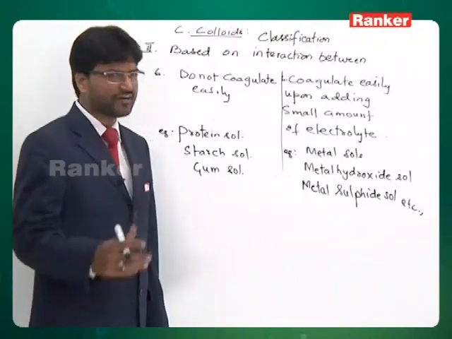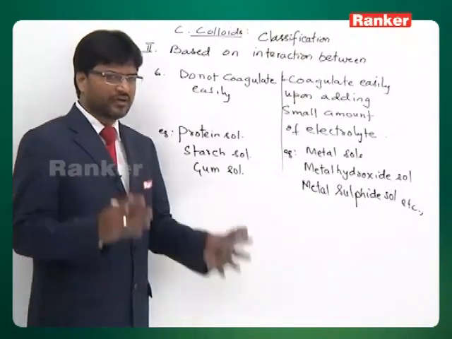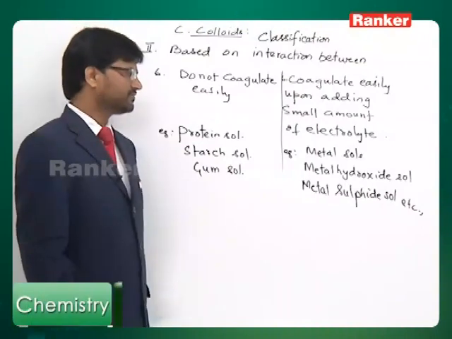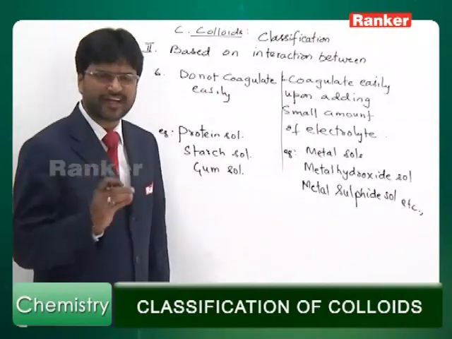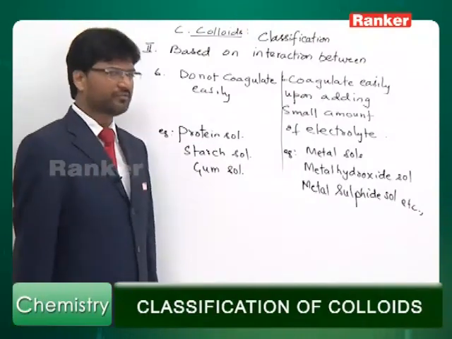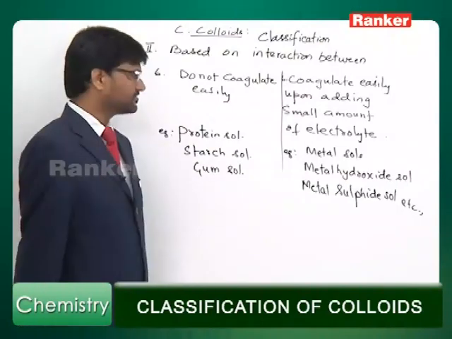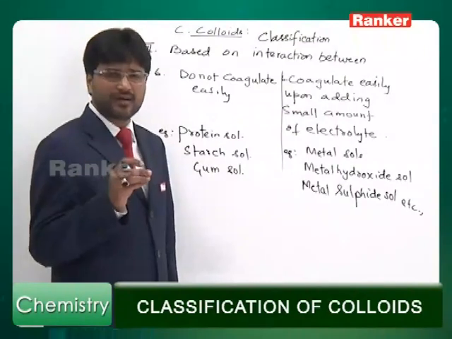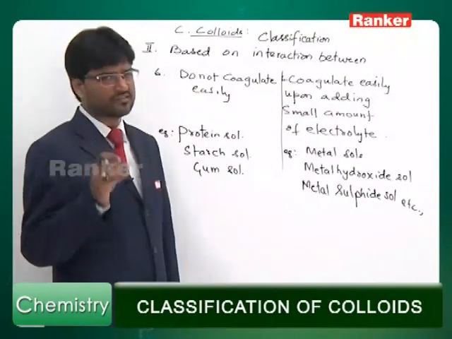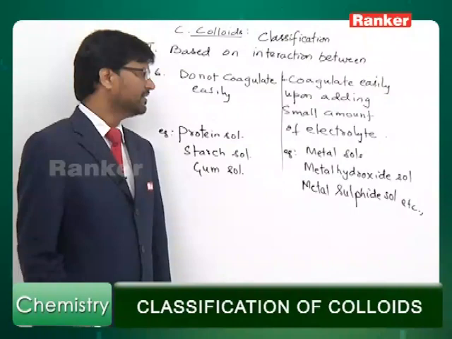So arsenic sulfide sol is an example of lyophobic. Ferric hydroxide sol is an example of lyophobic sol. So in this way, metal sulfides, metal hydroxides, any insoluble salt of a metal can form a lyophobic colloidal solution.